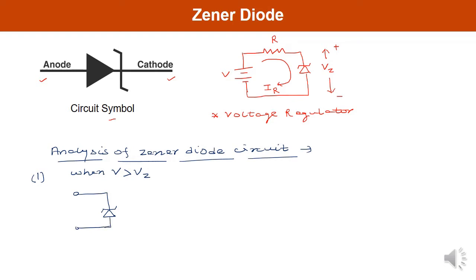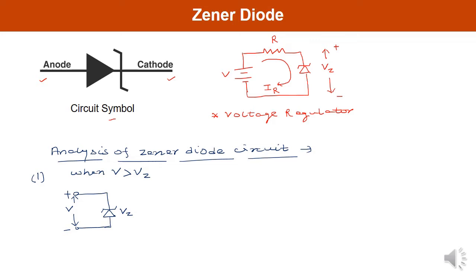This is the case. It means if the reverse bias voltage across a Zener diode is equal to or more than the breakdown voltage Vz, the current will increase sharply. It means in this region the curve will be almost vertical.